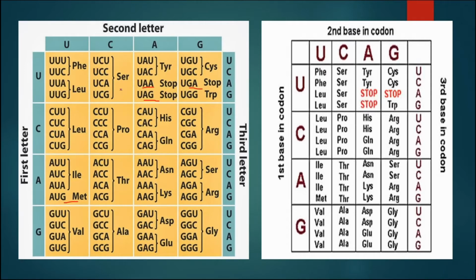So AUG has a dual role, and if AUG is not available, then in rare cases GUG will code to initiate the coding process, and then the amino acid will be valine in place of methionine. Now here we can see these are the 3 stop codons. Then AUG is for methionine, the initiator amino acid.